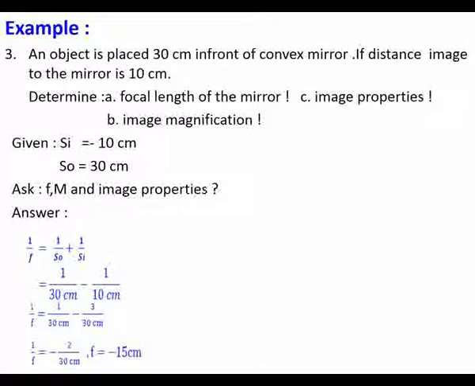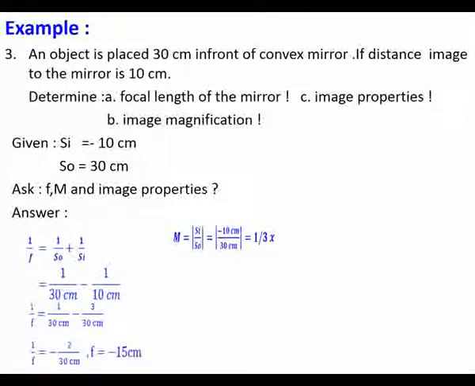So 1 per F equals 1 per 30 centimeters minus 1 per 10 centimeters, which is 1 per 30 centimeters minus 3 per 30 centimeters equals minus 2 per 30 centimeters. And here we get the focal length equals minus 15 centimeters. This is suitable for a convex mirror, which has a negative value for the focus.